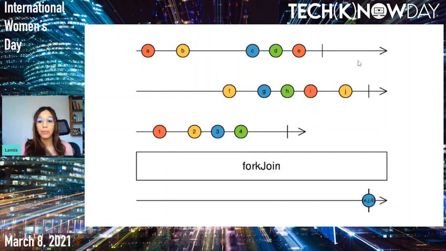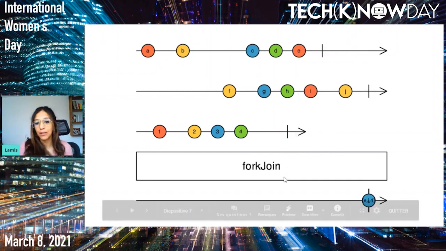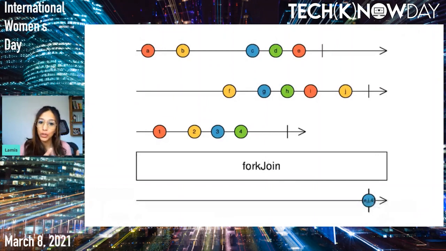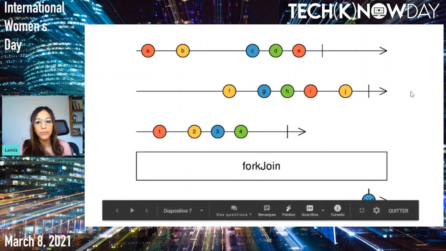Here is an example. We have three streams, and we pass them as input to the forkJoin operator. This is the completion of those three streams, and when all the streams complete, forkJoin will react.